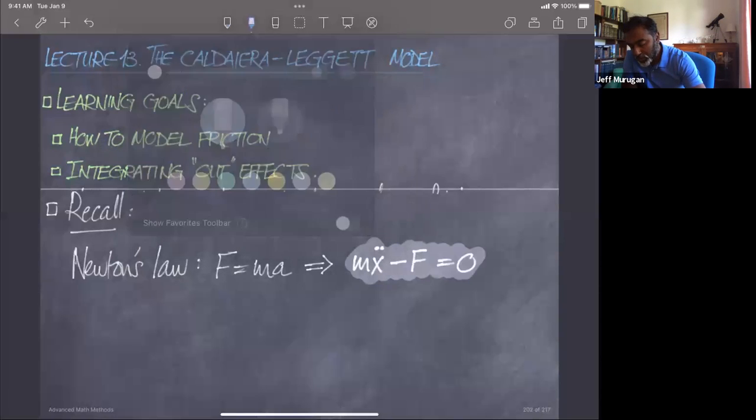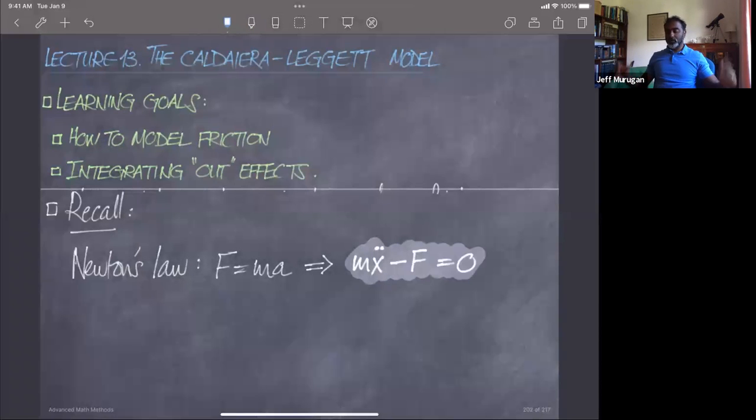Now, okay, so we have Newton's law, and this typically doesn't account for any friction.